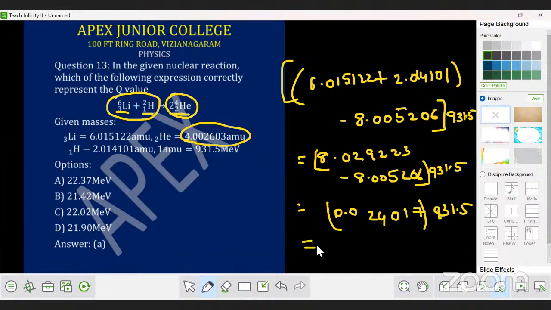By multiplying this, you will get exactly 22.37 million electron volts, because 931.5 was already in million electron volt. So you will get the same answer. Okay, next question.